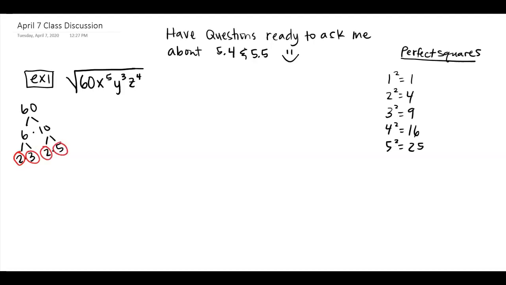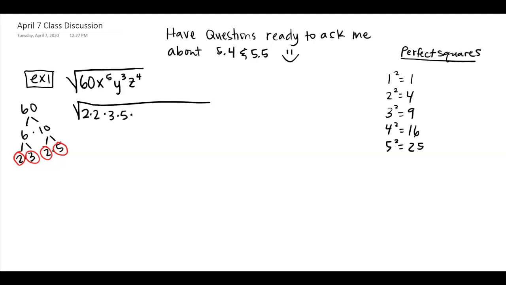So I'm going to stop there, and then I'm just going to rewrite it so that these are inside. I'm going to make this really big square root here so you can see all of my numbers and letters written out inside of it. I'm going to put them in order from smallest to biggest. So 2 times 2 times 3 times 5, the number part.